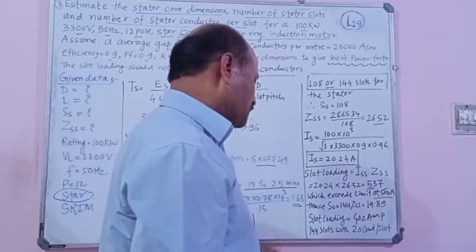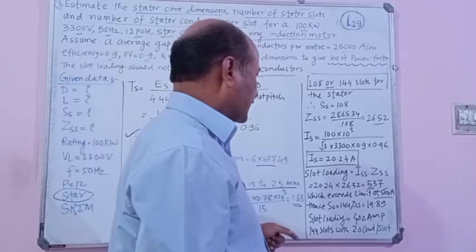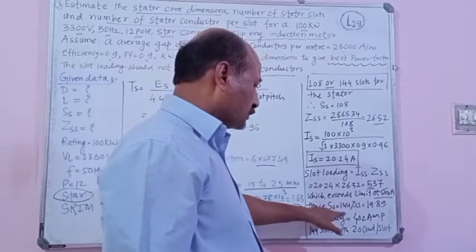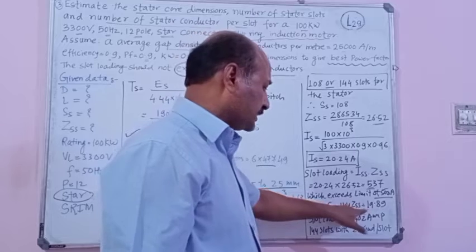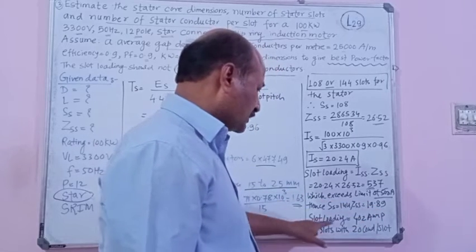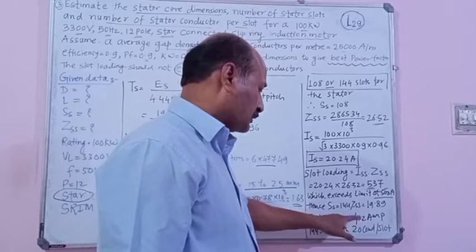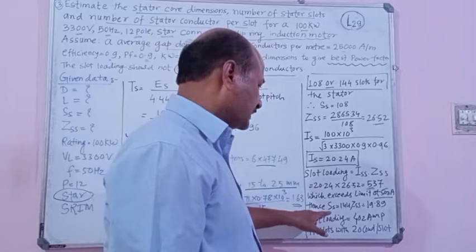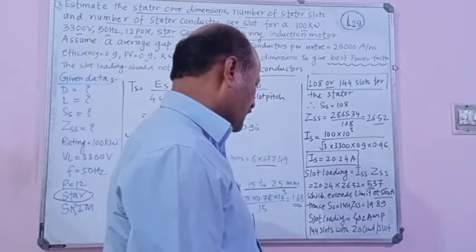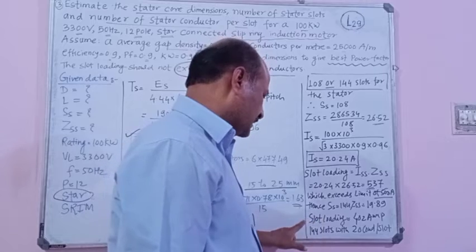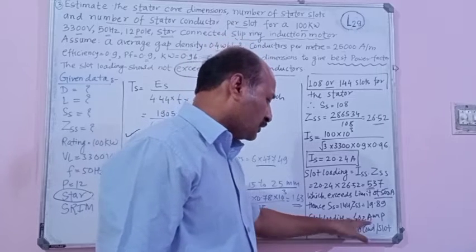That's why you have to choose the second option, stator slots equals 144, hence ZSS equals 19.89. Then slot loading equals 402 ampere. How will you calculate the slot loading? That is ISS multiplied by ZSS, which equals 402 ampere.